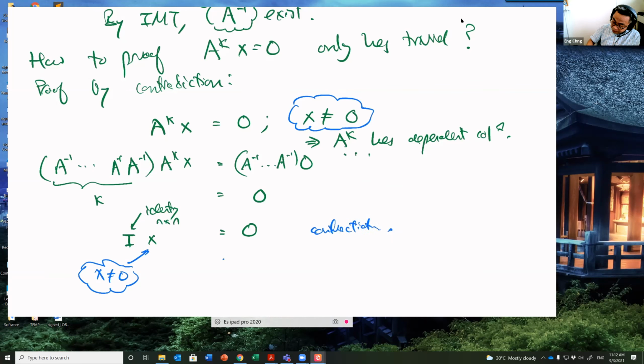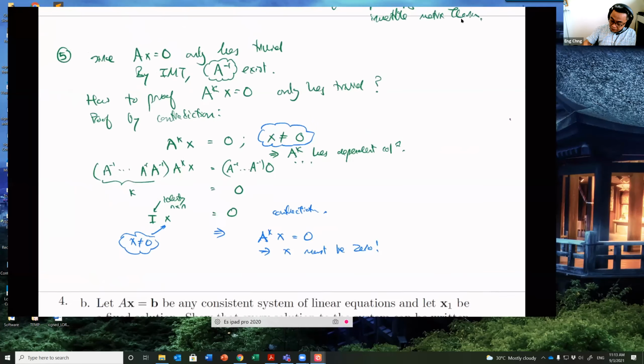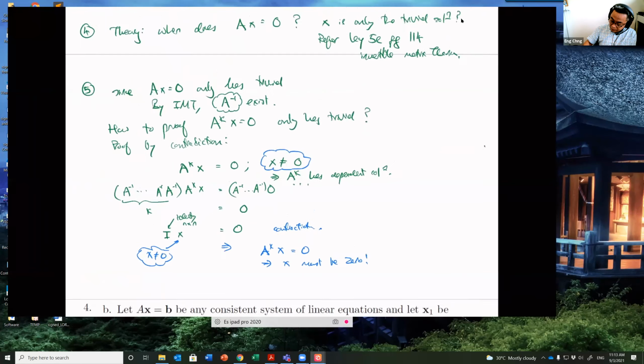Therefore, our assumption that X is not equal to 0 is false. So X must be 0, implying A^K times X equals 0, implying X must be 0. Okay, so this is the proof for this question in this way.